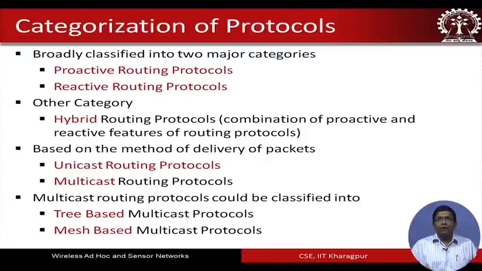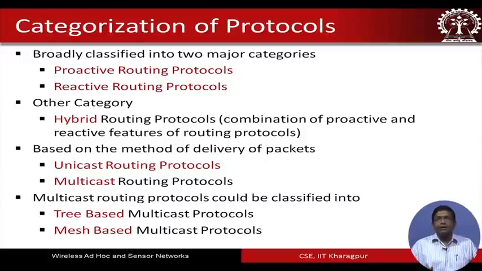Obviously, there is a broadcast routing protocol as well, but broadcasting is quite obvious. So we will focus more on unicast routing protocols and multicast routing protocols. We are going to go through the unicast routing protocols one by one, but later on we will switch gears and talk about multicast routing protocols towards the end of the discussion of routing in MANETs.